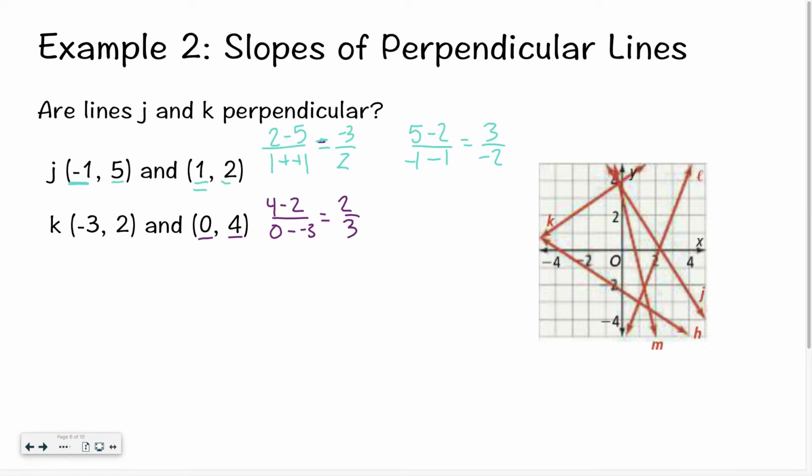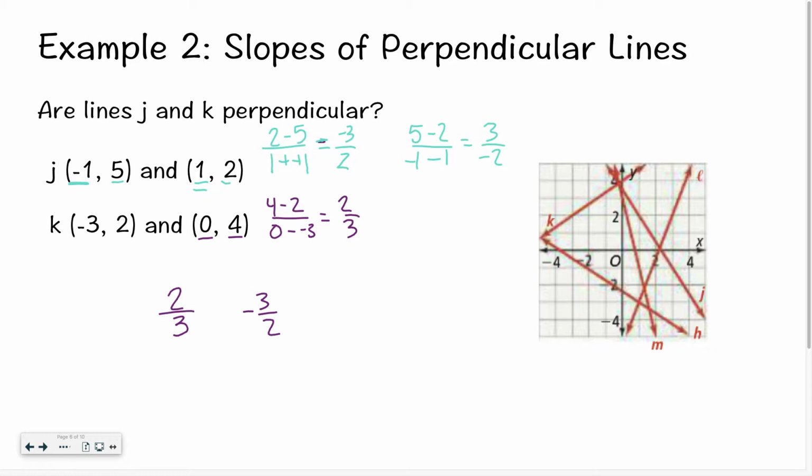So my two slopes are 2/3 and negative 3/2. So what I need to do is check them out and see, are these opposite reciprocals of each other?